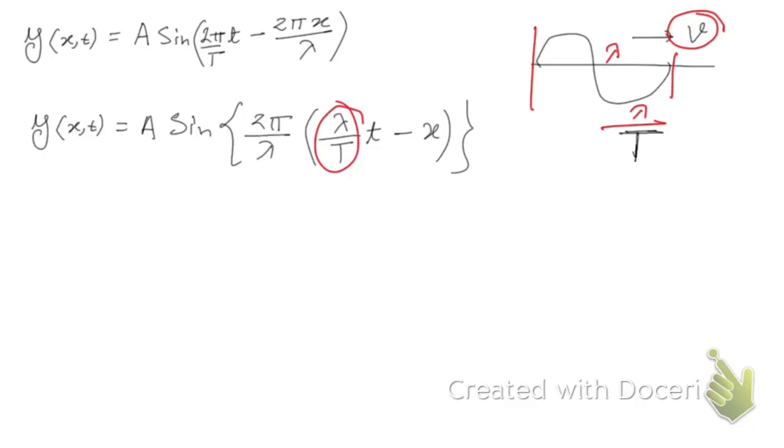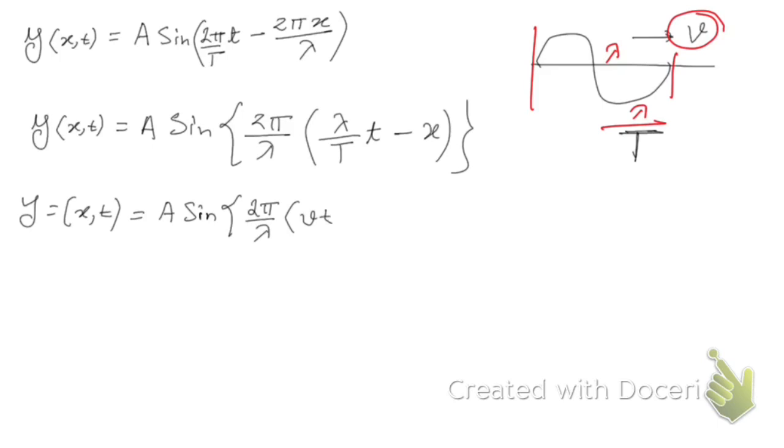So we can replace this term by v as well. Therefore we can write y of x comma t is equal to A sine 2 pi by lambda into (v into t minus x), since v is equal to lambda by T, velocity of the wave, right? Hope you have understood this.